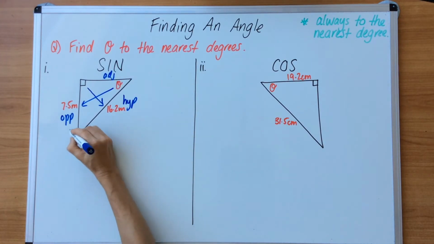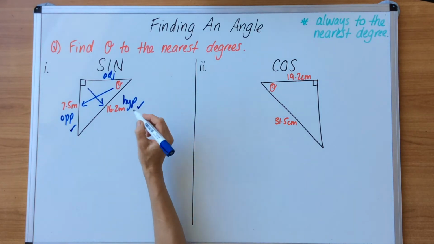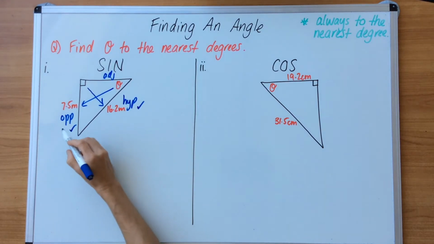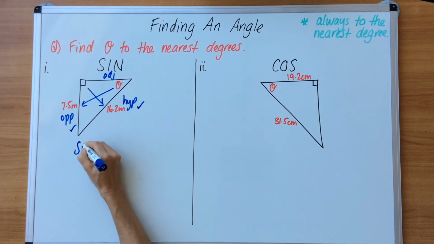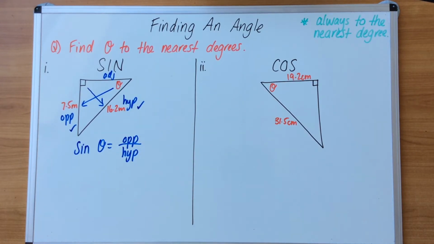And we can see that we have opposite and hypotenuse information. So that tells me it's a SOH from SOHCAHTOA, the acronym, O and H. So this tells me it's a sine button. So sine theta equals opposite over hypotenuse.